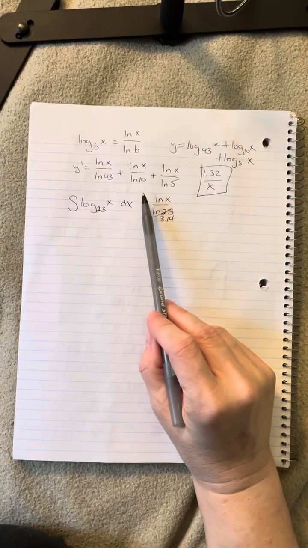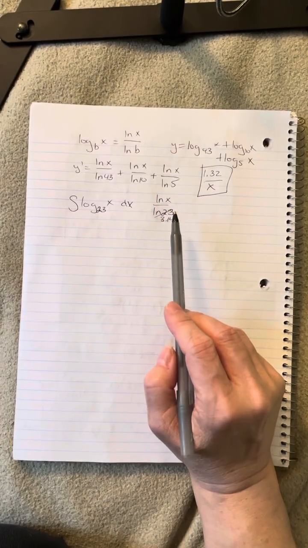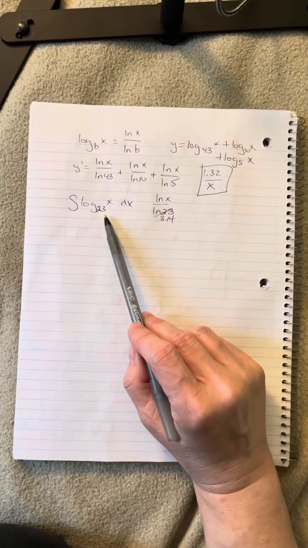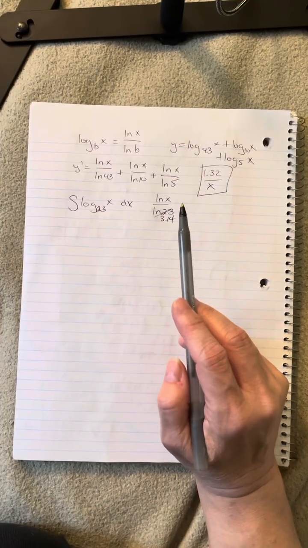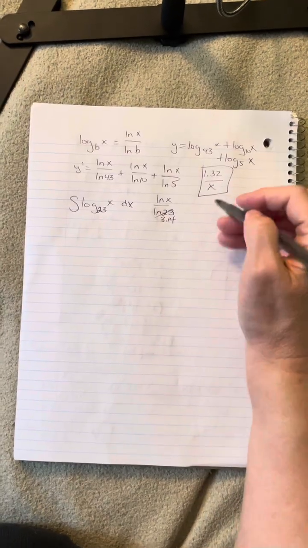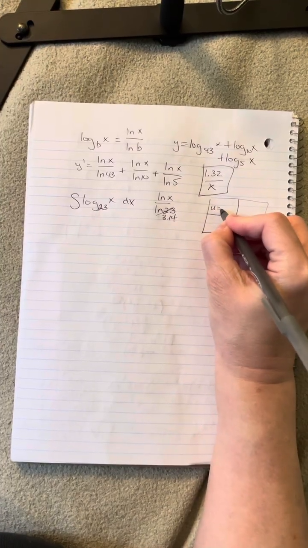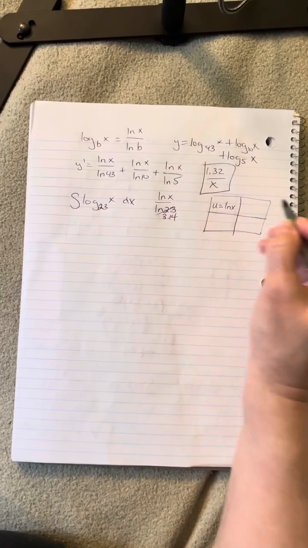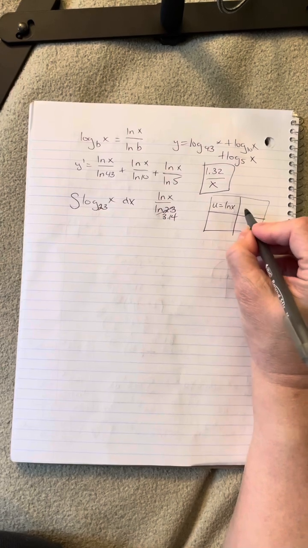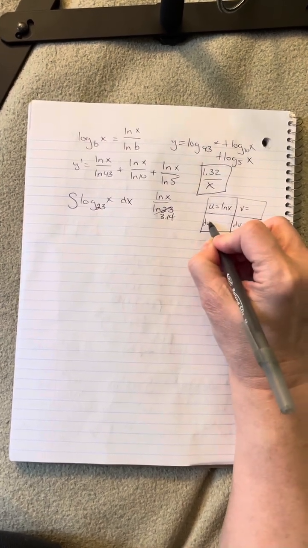All right, the issue here with this one is I can't just treat it as 1 over x, because I have 2 parts in the problem. This is an integration by parts. So let's do our box. u will be the natural log of x. I usually don't fill that in yet. v will equal, dv will equal, and du will equal.